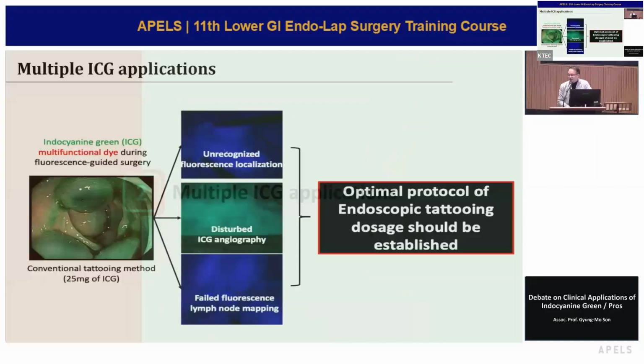Nowadays, at first, I used the conventional dose of ICG, and under the near-infrared camera system, everything is covered by the fluorescence, so I can't localize and I can't check the perfusion. It's terrible.